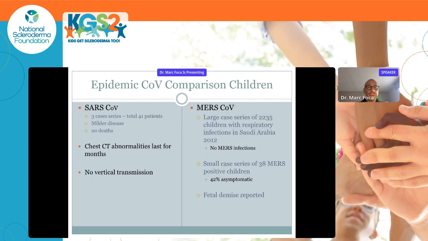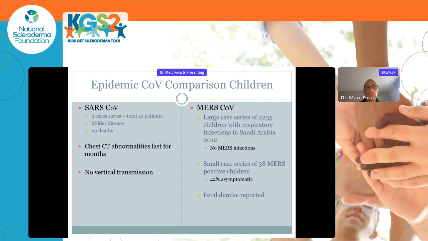For children, there are far fewer cases really to discuss. So the original SARS outbreak, there were only case series with 41 patients. The children had much milder disease and there was no mortality. If chest imaging was done, you could see abnormalities for months after infection, and there was no mother-to-child or vertical transmission of this infection.